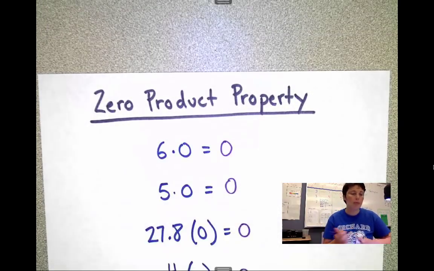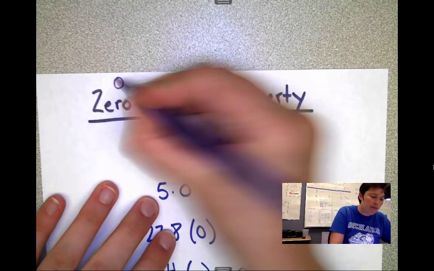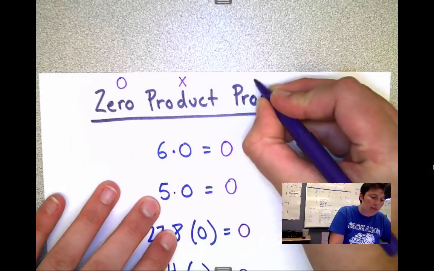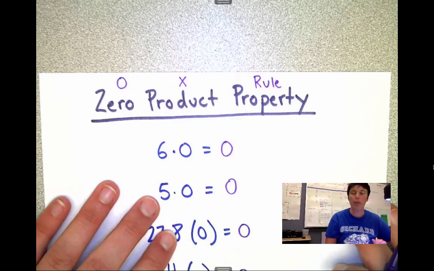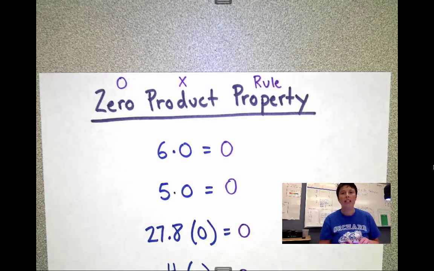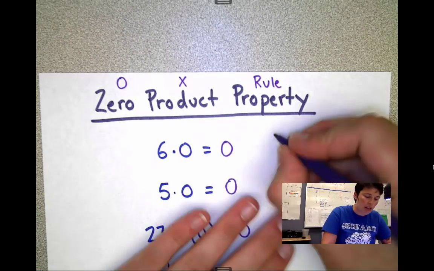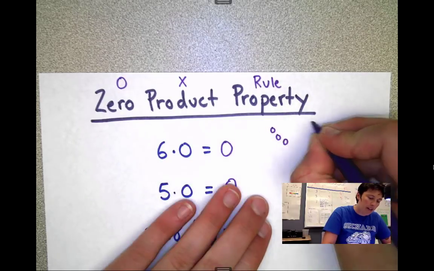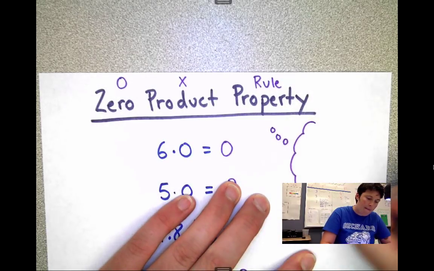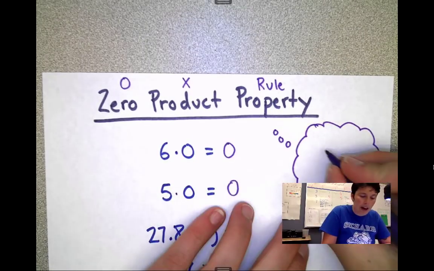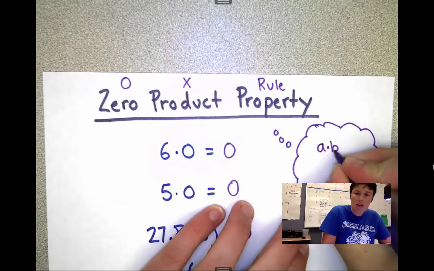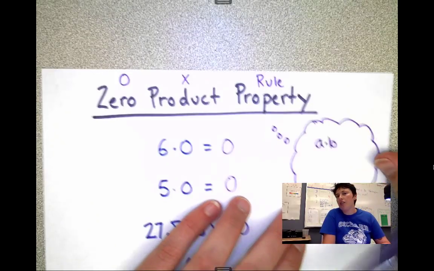The zero product property is a rule involving the number 0, multiplying, and property means rule. And the way this rule works is pretty straightforward, actually, if you're multiplying two things together. So I'm going to make my thought cloud here. In this thought cloud, we're going to say that we have A times B. Now, I don't know what A and B are. Actually, it could be anything.